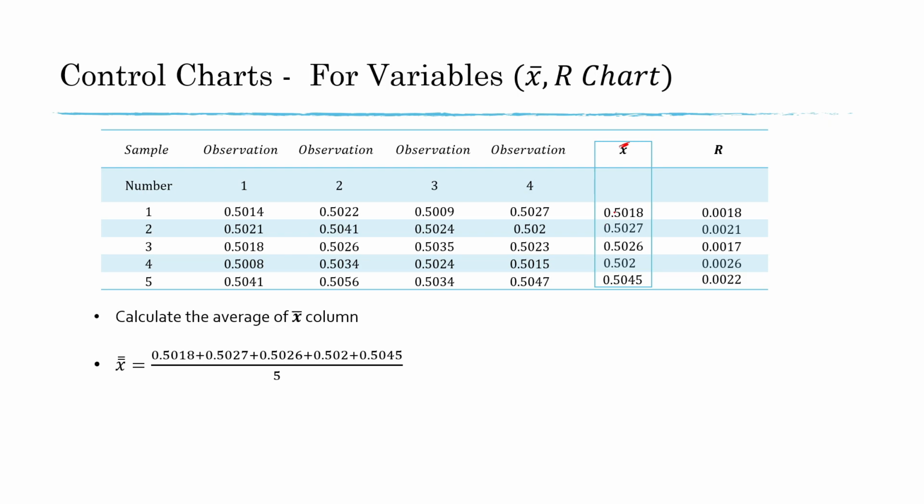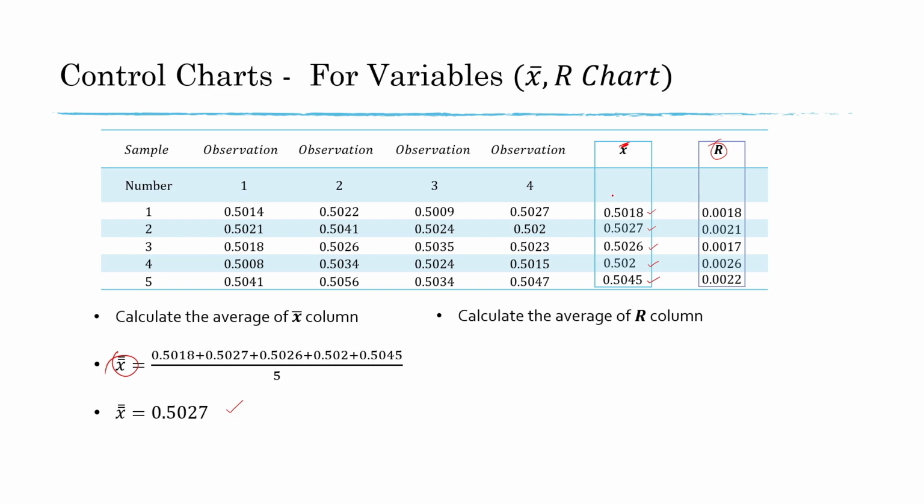We will add up all these values and divide by the number of values. In that case, X double bar will be equal to 0.5027.